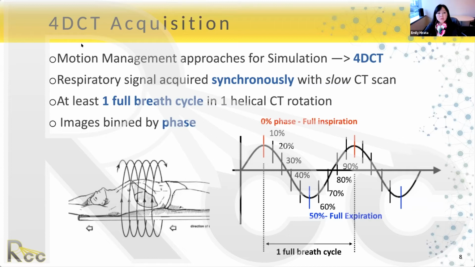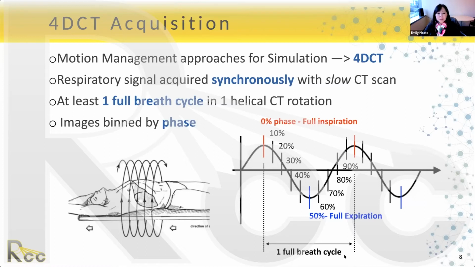Essentially, a CT with 4D CT capability collects the respiratory signal, knows how it's acquiring the images, and correlates them in a way that is helpful for us, where you see that motion loop that I'll show you. What's really important to help reduce artifacts, because you can get a lot of artifacts from motion in these kinds of acquisitions, is to make sure that we have at least one full breath cycle per helical CT rotation.